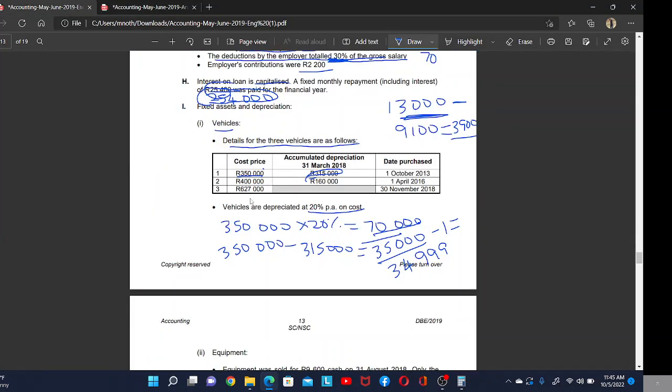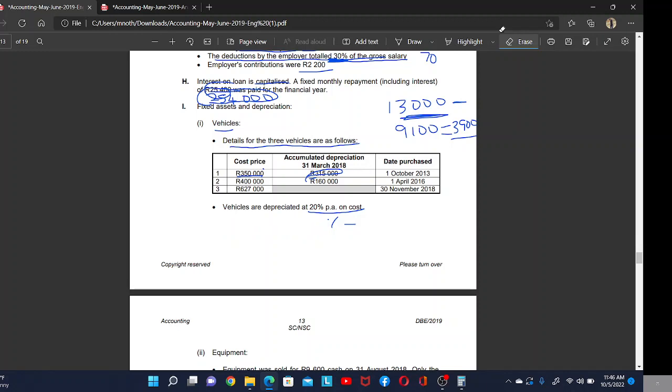And then the next one, let me erase this. The next one is vehicle number 2 of 400,000. We are given that they depreciate at 20% on cost, so we are not supposed to minus the accumulated depreciation.